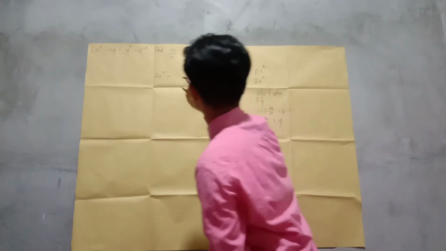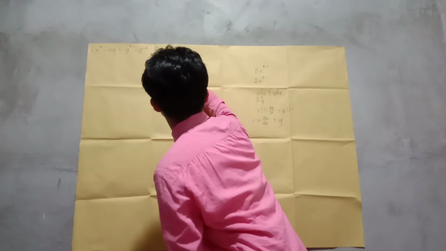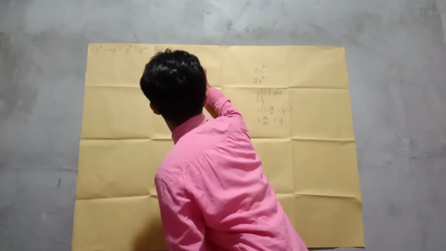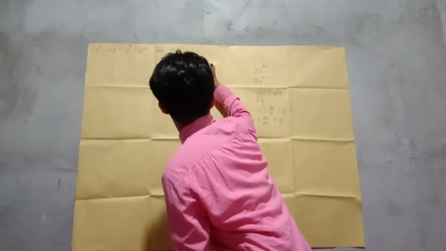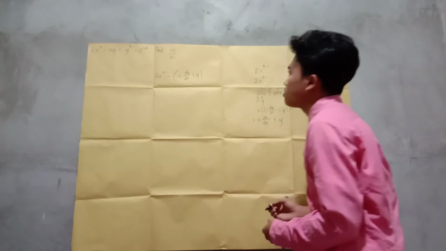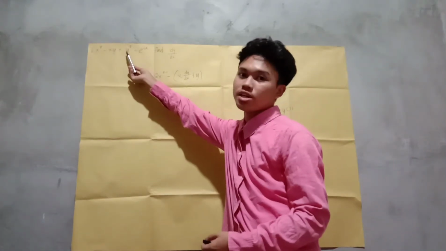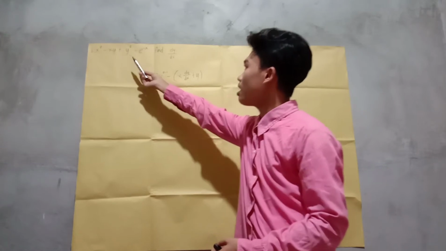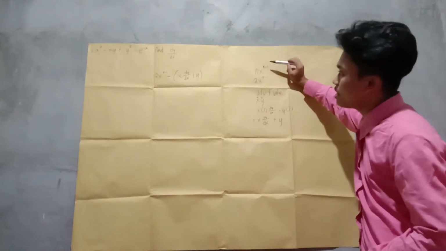So like this, x dy over dx plus y. The third variable is y squared. We need to apply again the power rule of differentiation, which is n x raised to n minus 1.